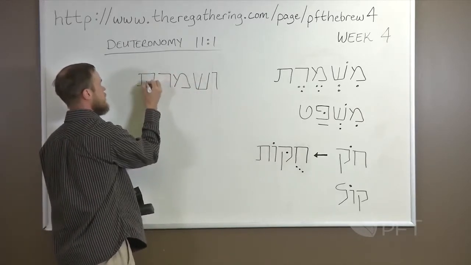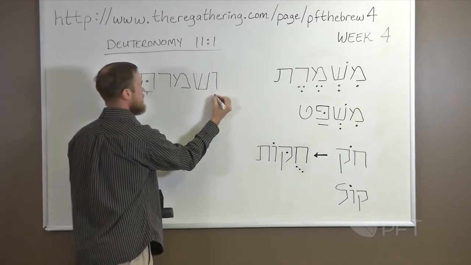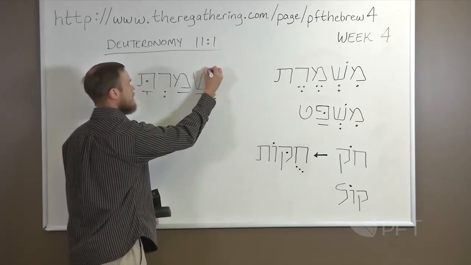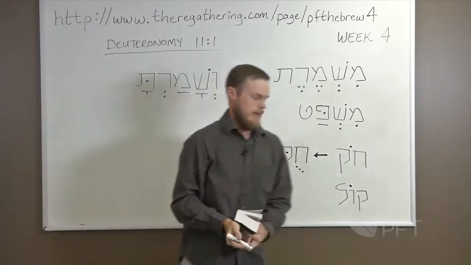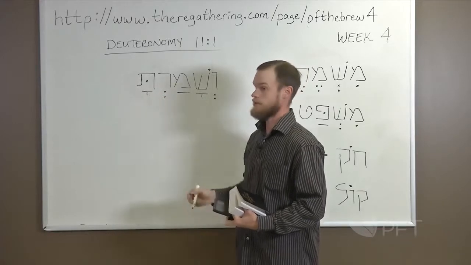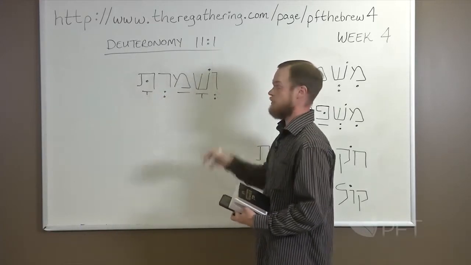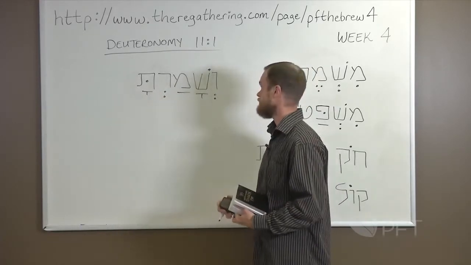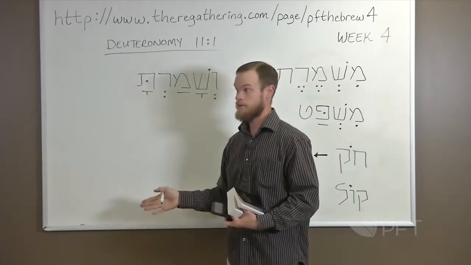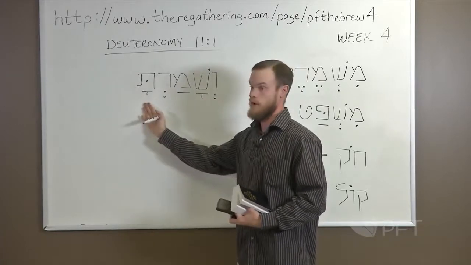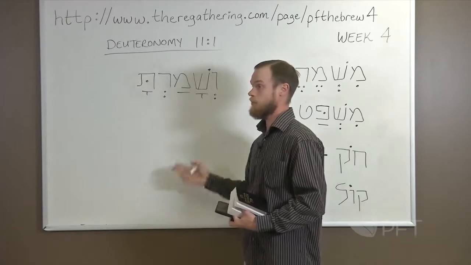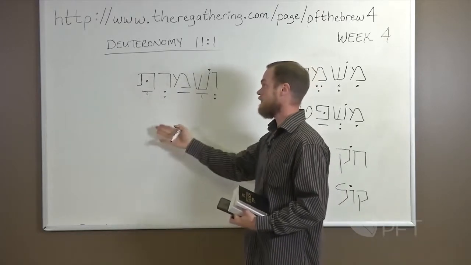Okay, so since it's the same form, we already know that what we've got is a second person masculine singular past tense that's being inverted by the vav, so it changes it to future tense. Okay, so it's and you will something. We know that just based on the form and the vowels alone. Because of these vowels, this prefix and this suffix. Same form as ve'ahavta, but v'shamarta.